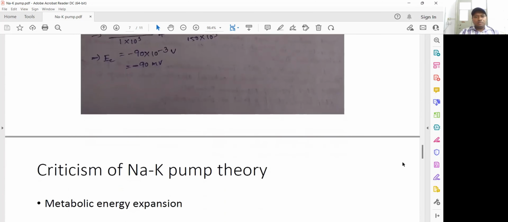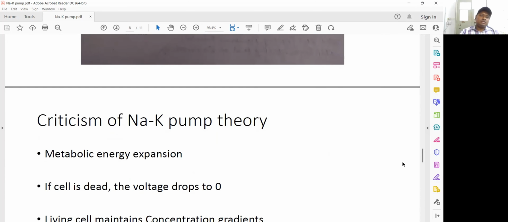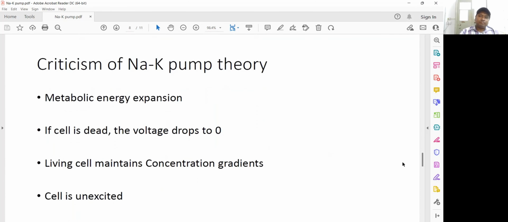Now let us go to the next slide, which is to criticize the sodium potassium pump. How this particular pump is valid, now we will criticize. The first point I have mentioned is the metabolic energy expenditure. That means while we take food, due to the metabolism inside our body, this sodium potassium pump is maintained. Suppose the cell is dead, what will be the voltage?